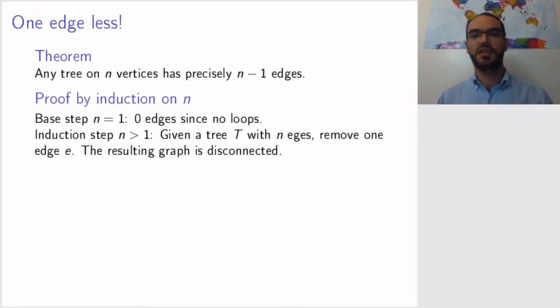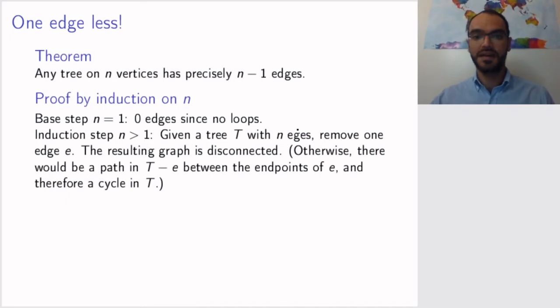So given a tree with n vertices, remove one edge. Well, if you remove one edge, the resulting graph is disconnected. Why is that?